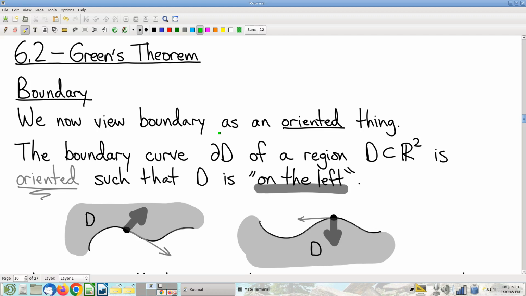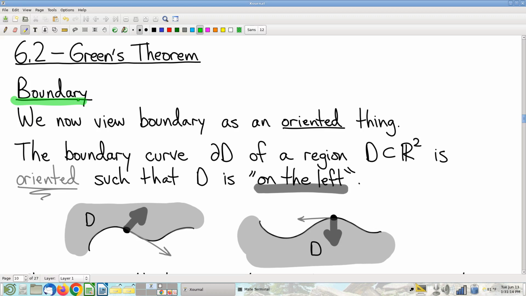So, okay, first thing I want to talk about is the word boundary. And the word boundary y'all have heretofore understood as the edge between the set that you're talking about and not the set you're talking about, right? It's where the fence is that keeps the stuff you were talking about in, as opposed to the outside of that region. So we're going to modify this notion of the word boundary.